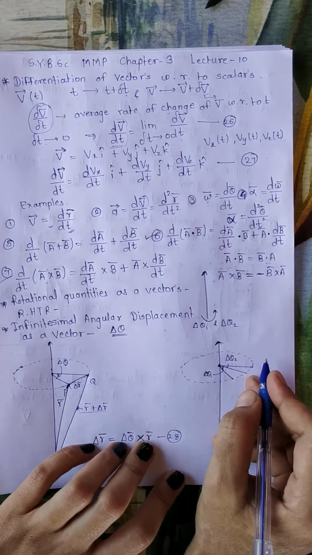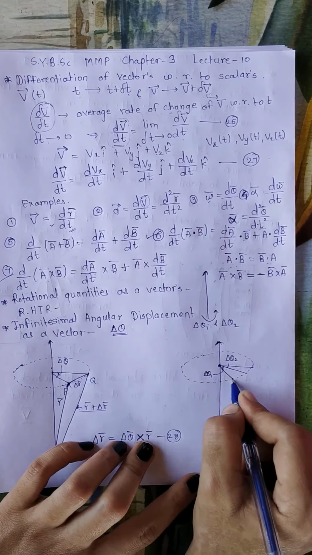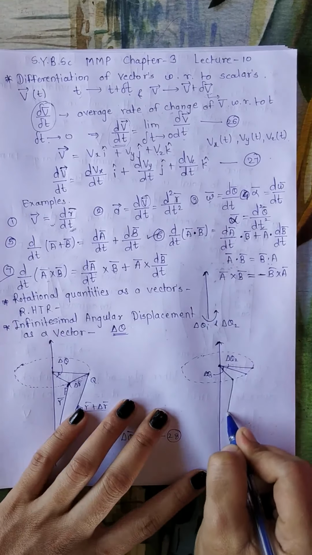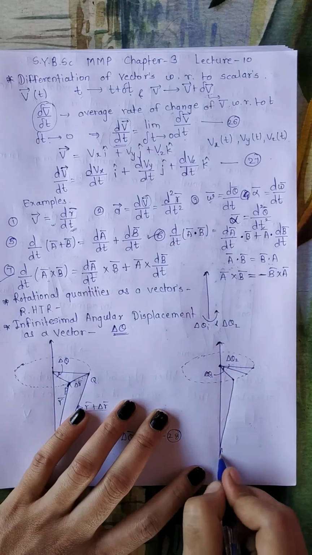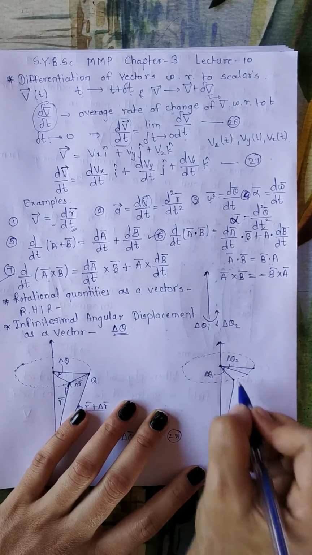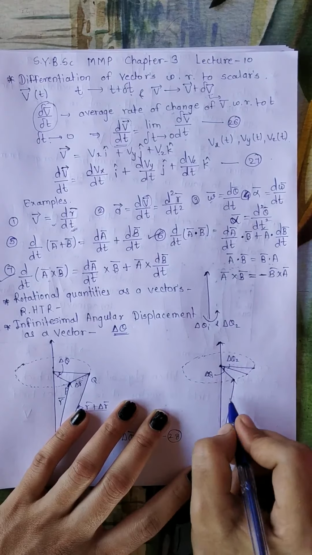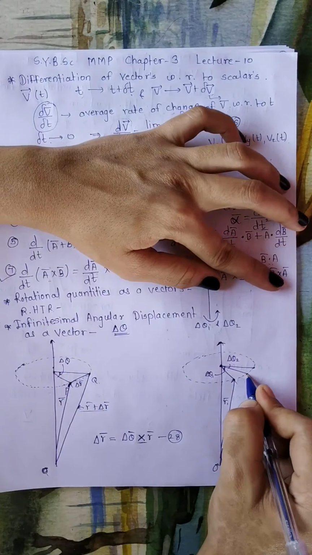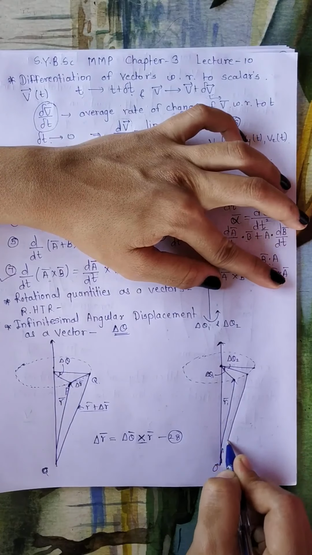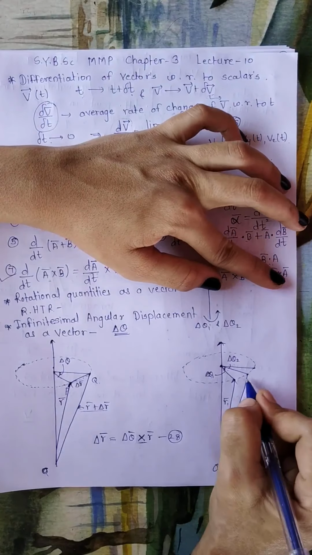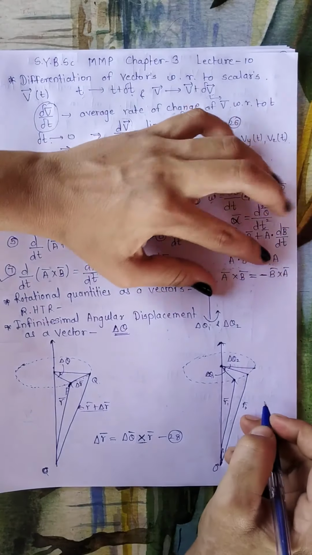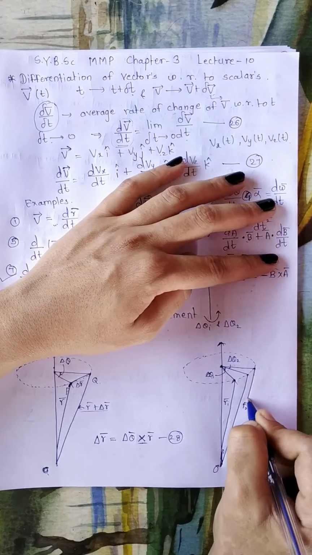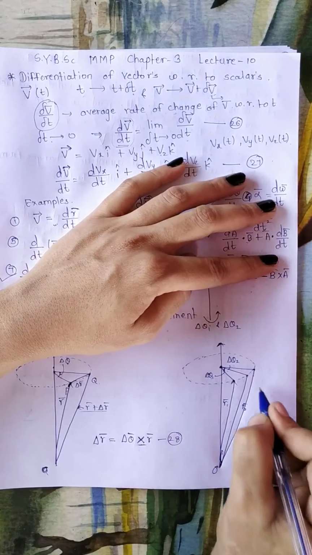delta theta 2. Now the corresponding position vectors for these points are given by, let's say this is our origin. So this vector is taken as r1 bar, and this position vector from the next point to origin O is taken as r2 bar, and the third position vector we will take as r3 bar.